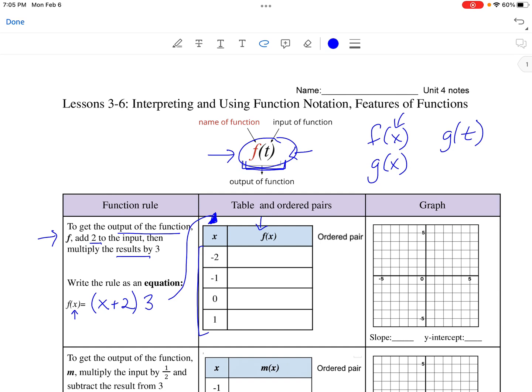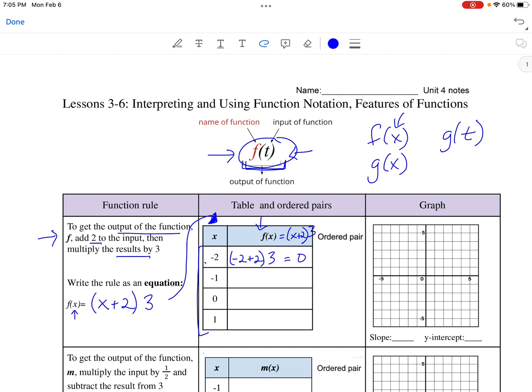Okay, so let's try it. X equals -2, so we're going to plug in -2 into our function rule, which in this case is x plus 2 times 3. So we're going to have -2 plus 2 times 3, so that is 0 times 3, which is 0.